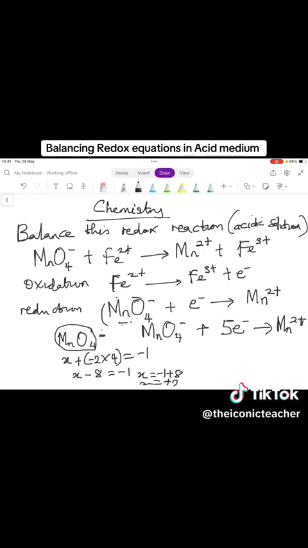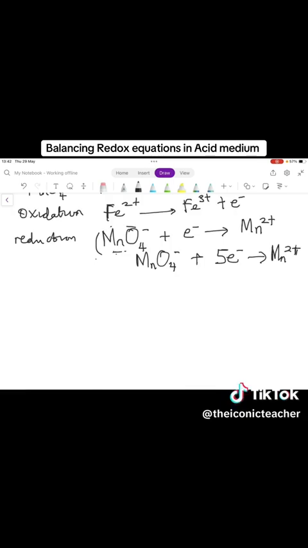To balance the charge, the question says to balance this in acidic medium. So what is the ion that is responsible for acidity? Hydrogen ion. So we're going to introduce hydrogen ions on the reactant side, because we are balancing this redox reaction in acidic solution.